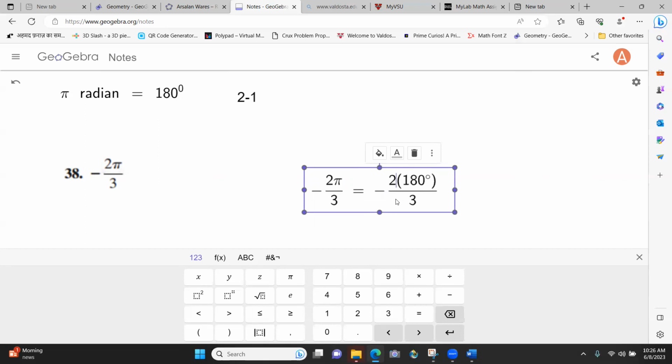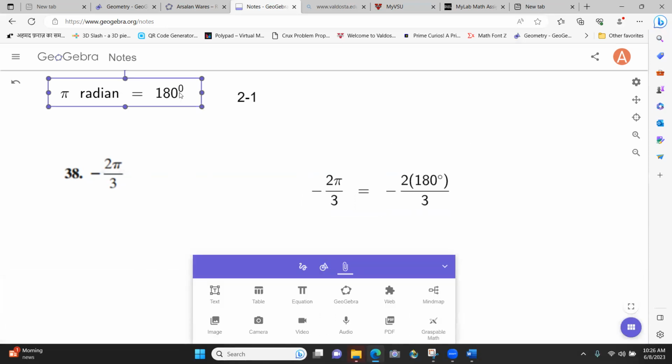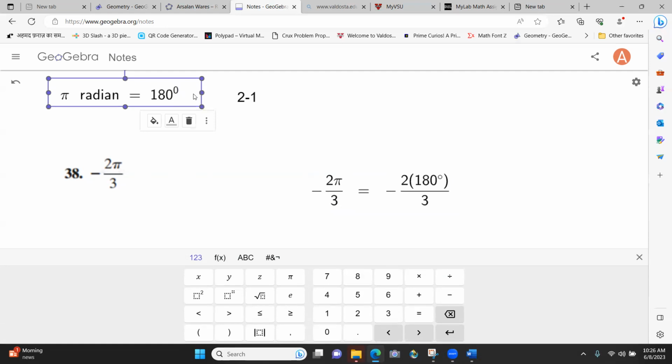Just to let you know, it's a little awkward to type here, but all I did is replace pi radian with 180 degrees. Why? Because they're the same. We know it. We have established it right here.